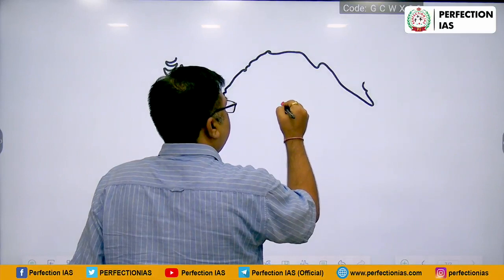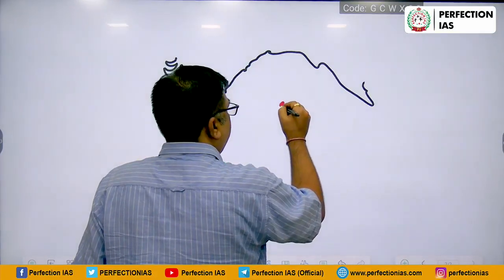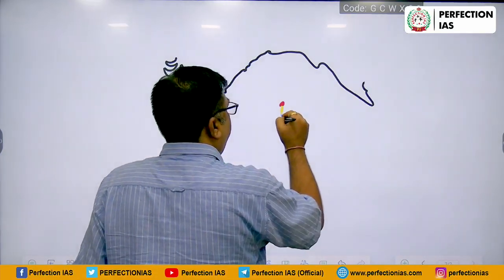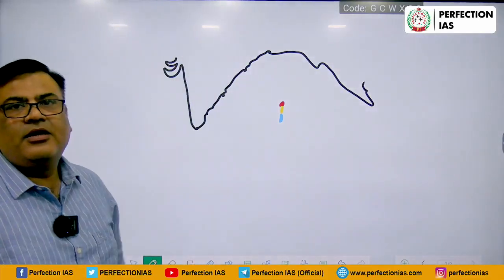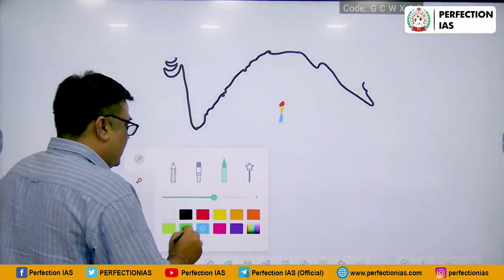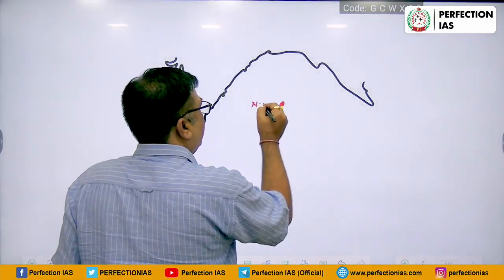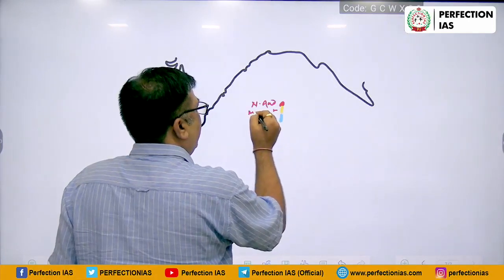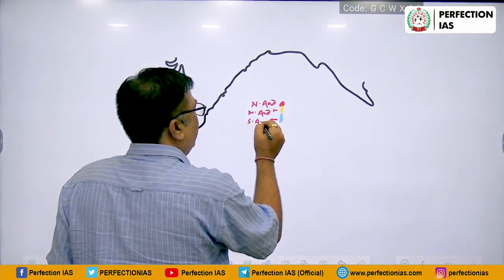Then always use a map. Fine, always use a map. This map part will always help you in developing a better understanding, like 3 dots I drew here. The northernmost part is Northern Andaman. This one is Middle Andaman, and this one is Southern Andaman.